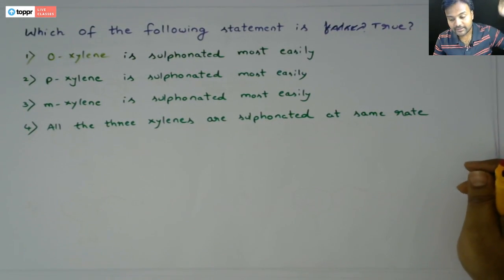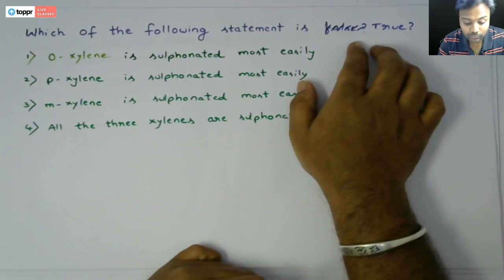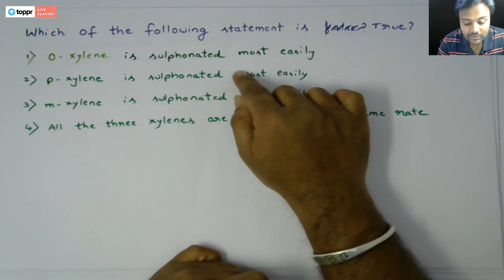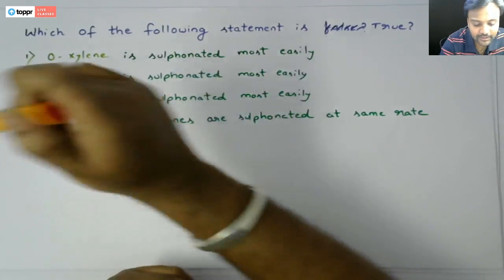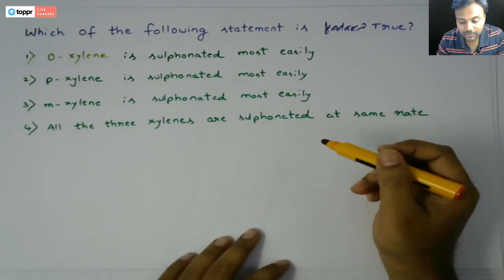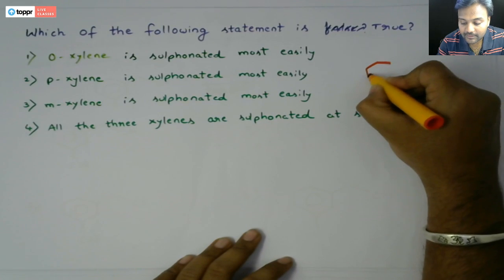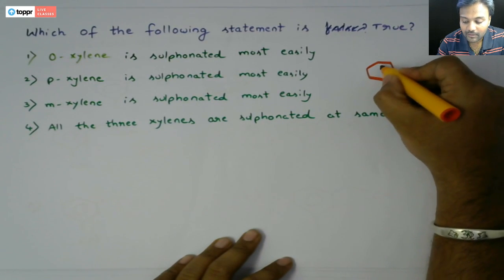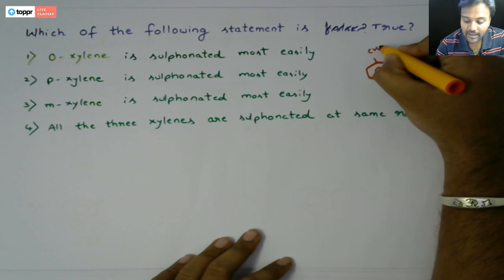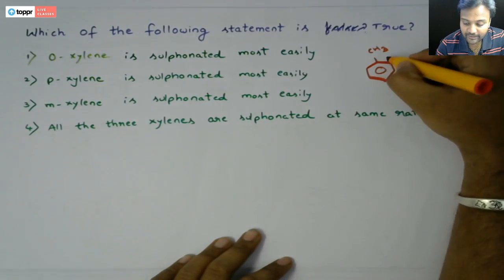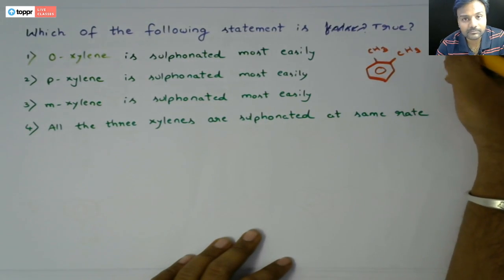Which of the following statements is true? Orthoxylene is sulfonated most easily. Okay, understand. Let's understand the options here while writing the structure of xylene. What is xylene? You have methyl. Orthoxylene means you have one more methyl, right?